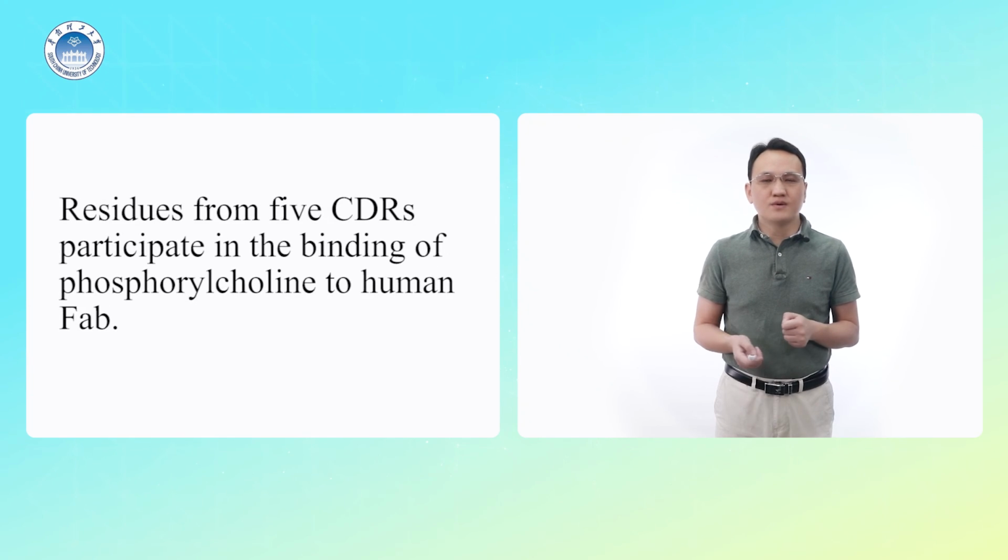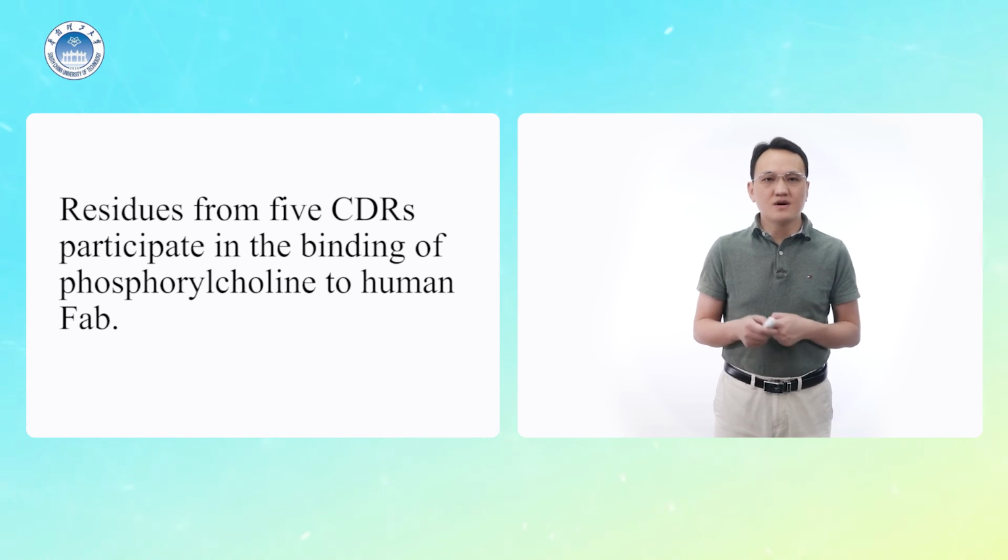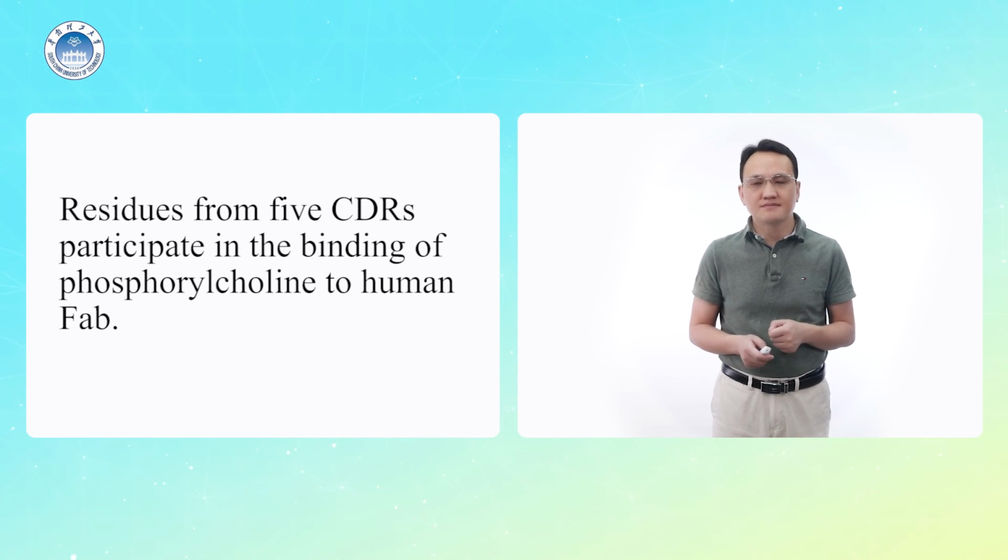Residues from five CDRs participate in the binding of phosphocholine to human Fab. This binding does not significantly change the structure of the antibody, yet induced fit plays a role in the formation of many antibody-antigen complexes. A malleable binding site can accommodate many more kinds of ligand than a rigid one.